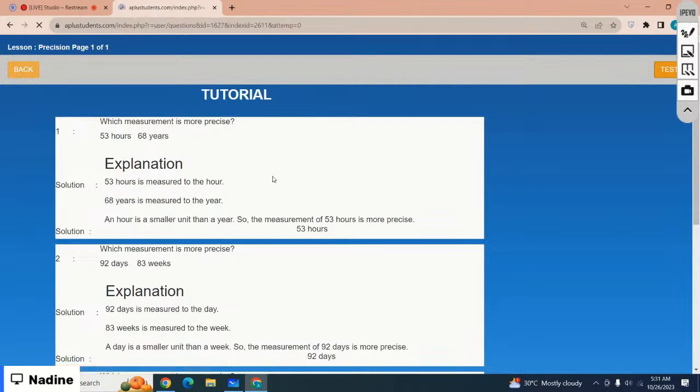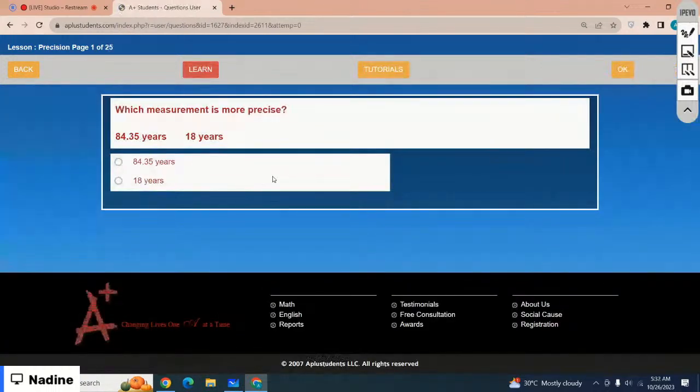Let's just start with the test practice questions. Which measurement is more precise? 84.35 years or 18 years? Which is the correct option?